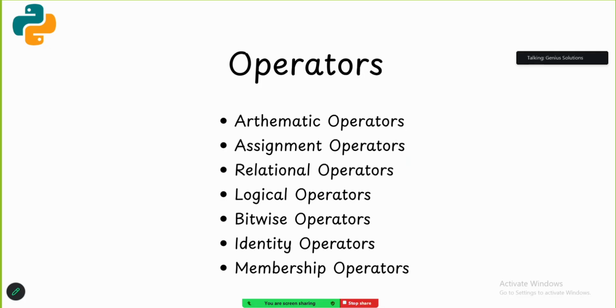For example, plus, minus. Yes, there are 7 types of operators. They are arithmetic operators, assignment operators, relational operators, logical, bitwise, identity, and membership. So let us see each and every operator in detail.